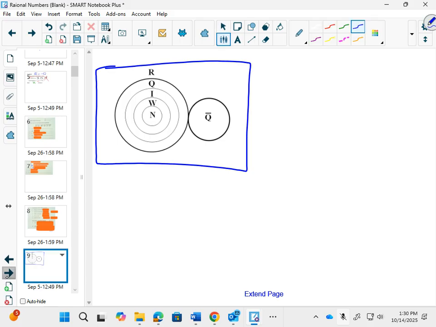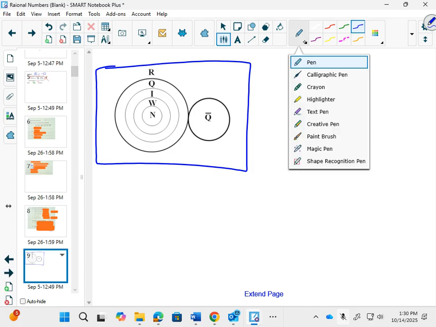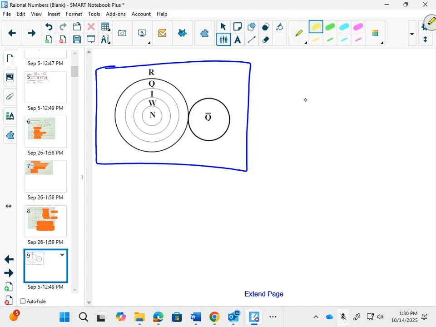If you have a highlighter, or 2 different colors, if you have a red pen and a blue pen, there's this circle in yellow and this circle in green. The green circle is the irrational numbers. The irrational numbers, those are the numbers like pi or square roots that continue forever and never repeat.